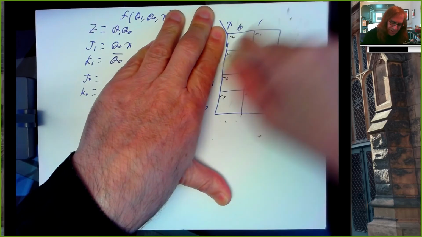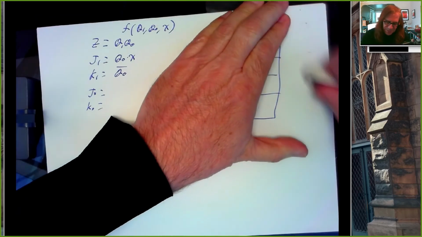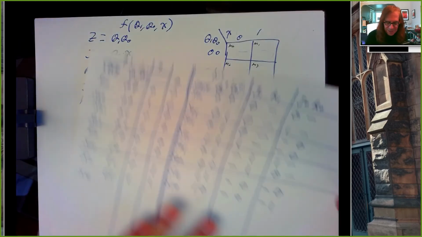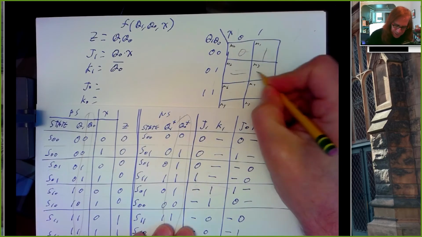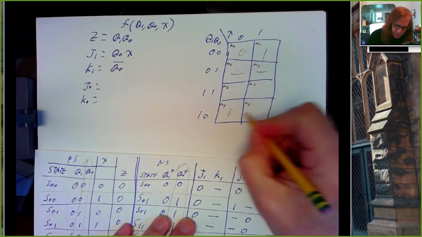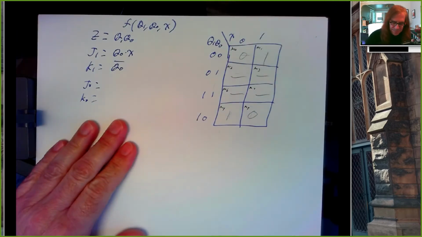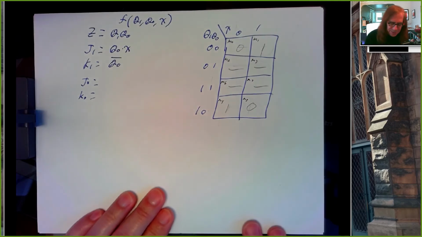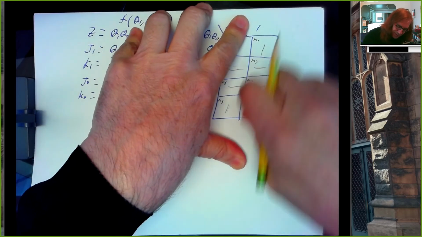So you don't get to erase on your homework because I want to see your work, but I'll save the trees. So let's do J0. So 0, 1, don't care, don't care. 1, 0, don't care, don't care. So that's not a super fun one to cover. Actually, I said I wouldn't draw on the zeros, so we'll just leave those out.